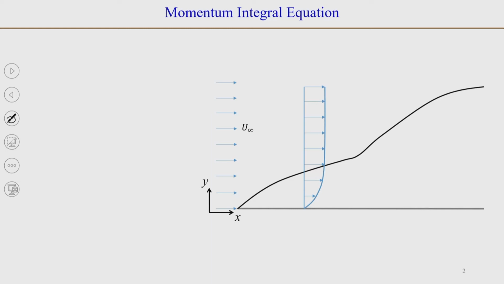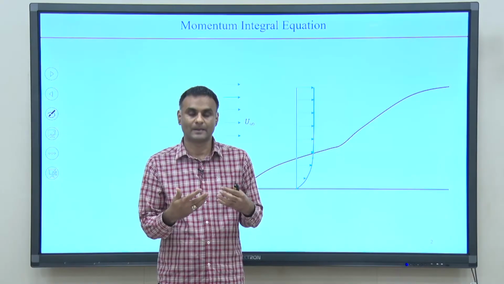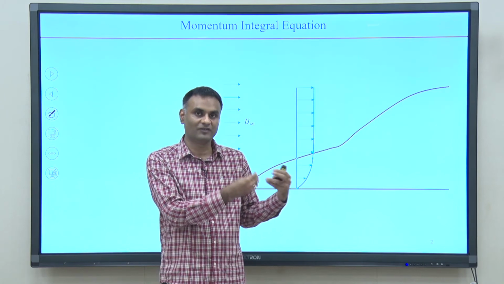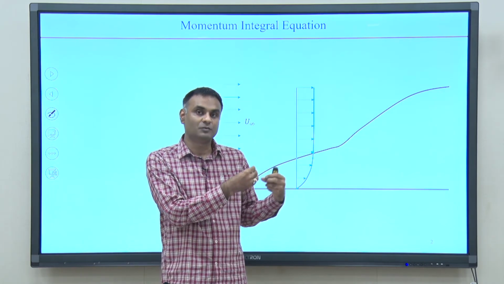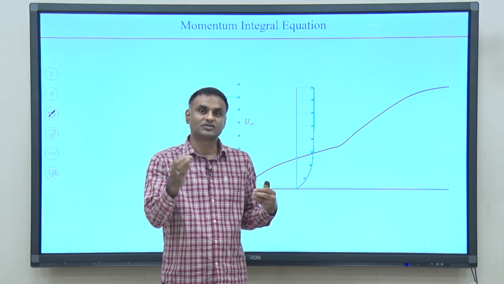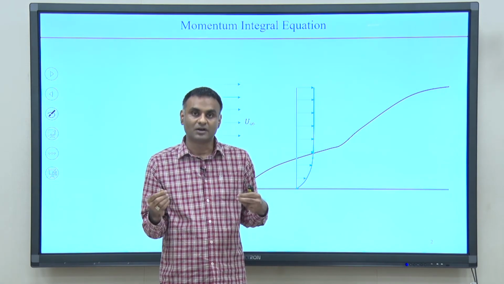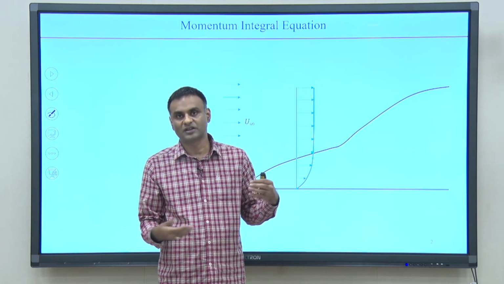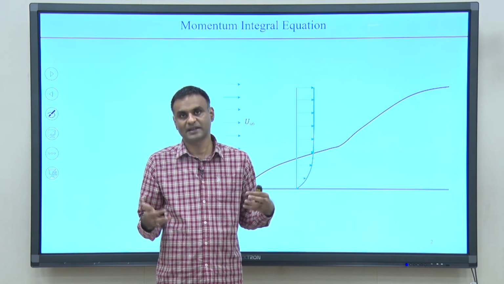The equations that we wrote in the previous class, when we solve them, that would be a differential analysis, because we will be able to find the velocity at every point. However, the mathematics for the solution of such equations is slightly involved.